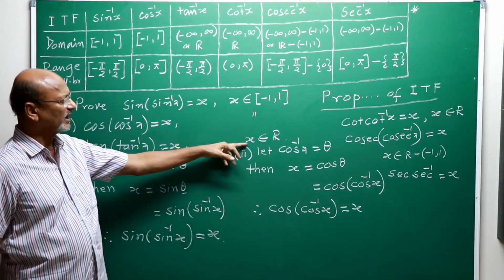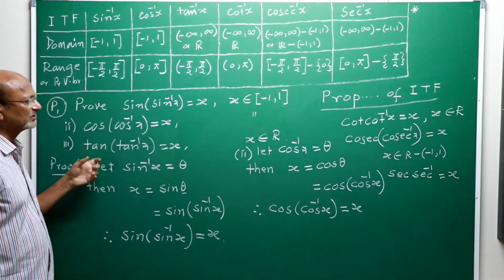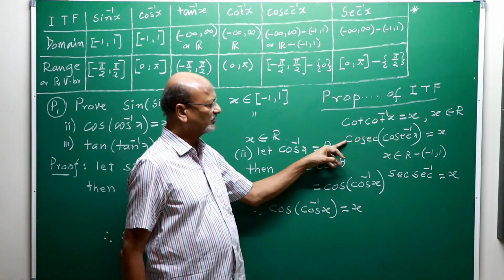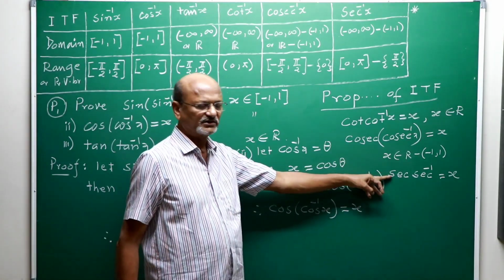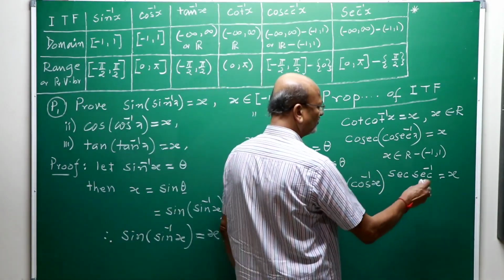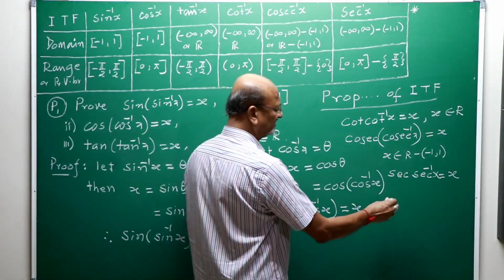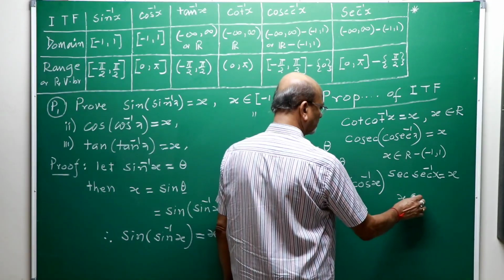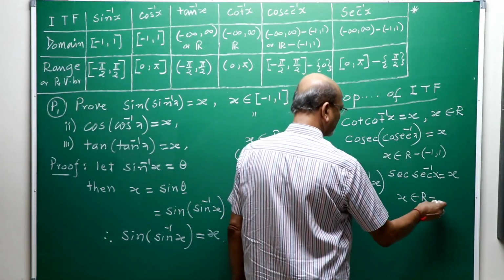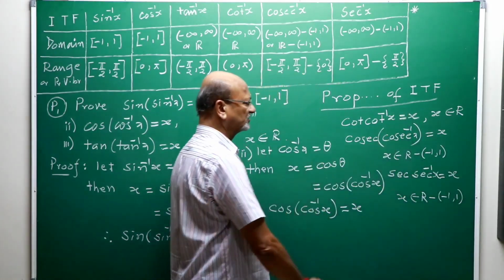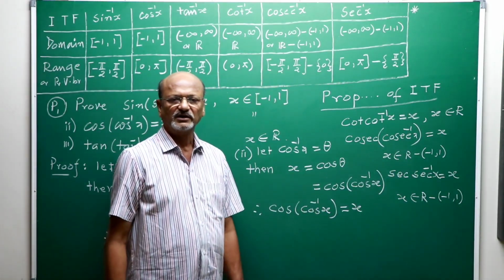When x belongs to R, it is for tan inverse and cot inverse, and for cosec inverse and sec of sec inverse x is x itself, x belongs to the region outside the open interval -1 to +1. Yes, my friends, this is property 1.